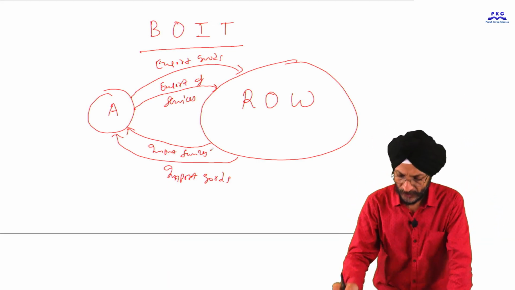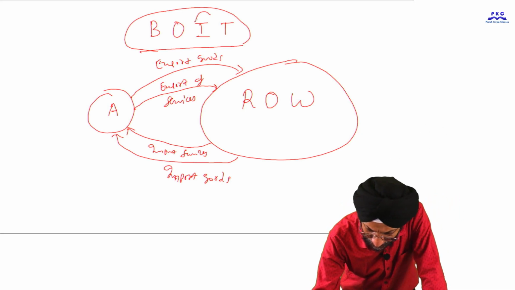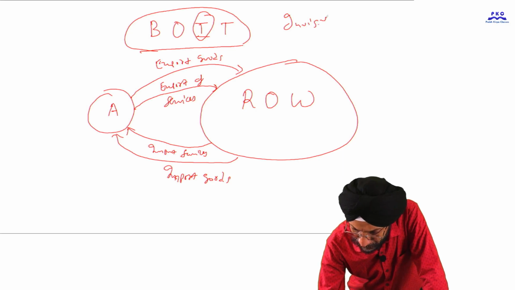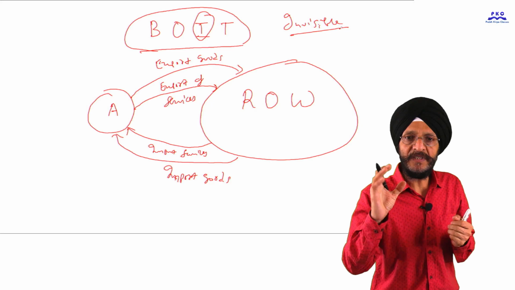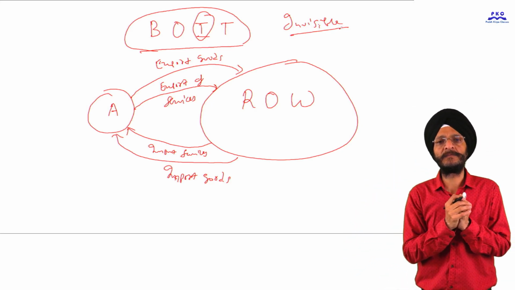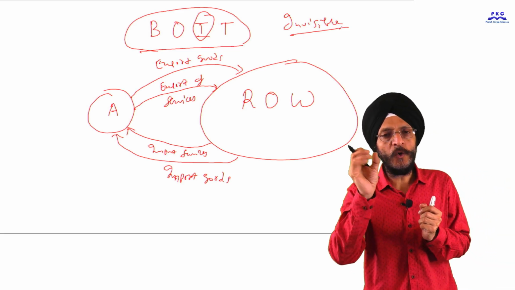When here we are to talk about balance of invisible trade, what is the meaning of I? I means invisible. Invisible trade means trade which cannot be seen. Invisible items means those items which cannot be seen, touched or measured.